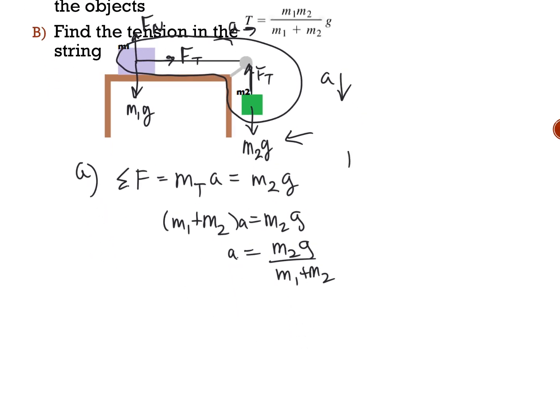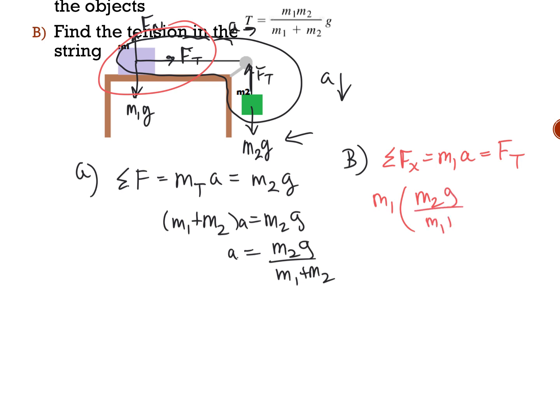Now for B, if we're finding the tension on the string, I'm going to actually use this block this time because that's super simple. So the sum of forces in the x direction for that block is going to be mass 1 times the acceleration. Mass 1 times the acceleration has to be equal to just the force of tension in this case. So I've got mass 1 times my acceleration, which I just found, which was mass 2 g divided by mass 1 plus mass 2.